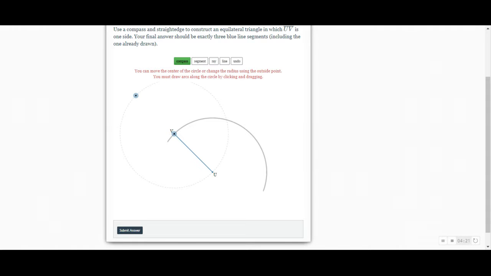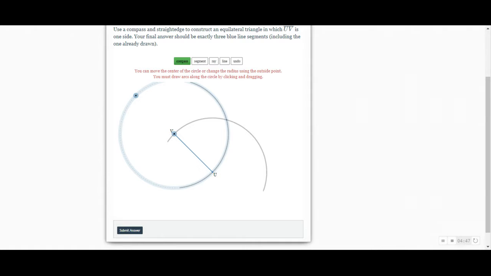My center is now at point V. But no matter how I draw my lines, it's still going to be a radius. It's still going to be the same distance. So now, if I draw a line around my new circle centered at V, you're going to see that they have an intersection, which is at this point right here.